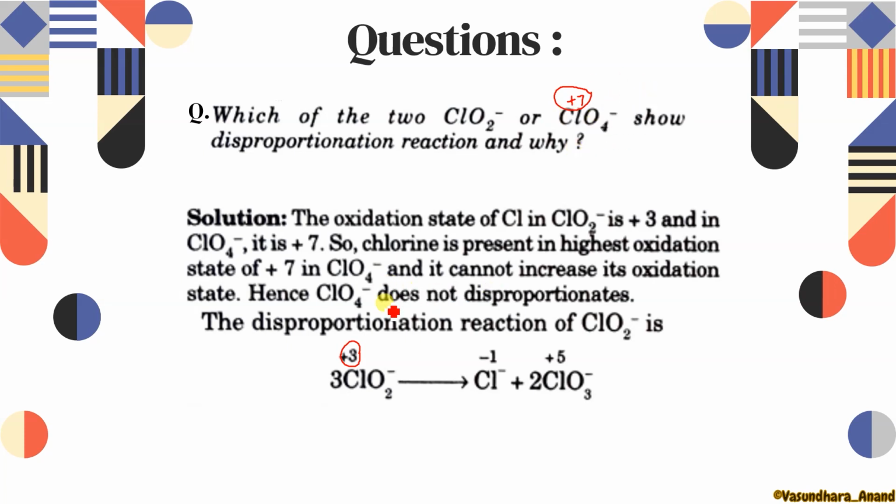While ClO2 minus is in an oxidation state between -1 and +7. So that's why it will undergo disproportionation reaction to give Cl minus and ClO3 minus. So you can see that Cl minus. Now how it is, so for class 11th you have to learn. Okay, in class 12th I will give you the trick for that, but in class 11th you have to learn.